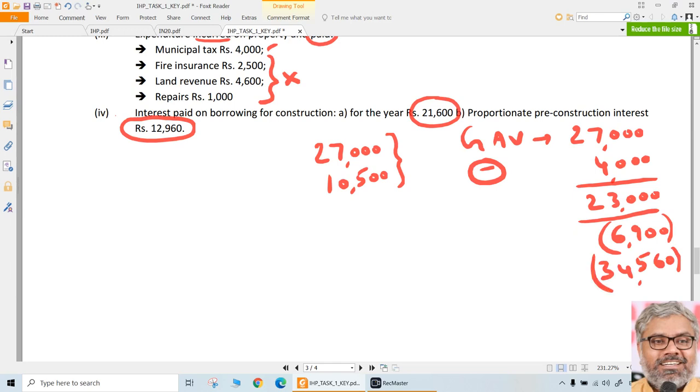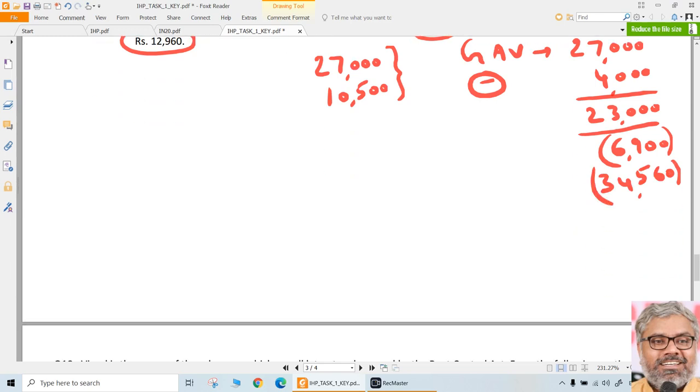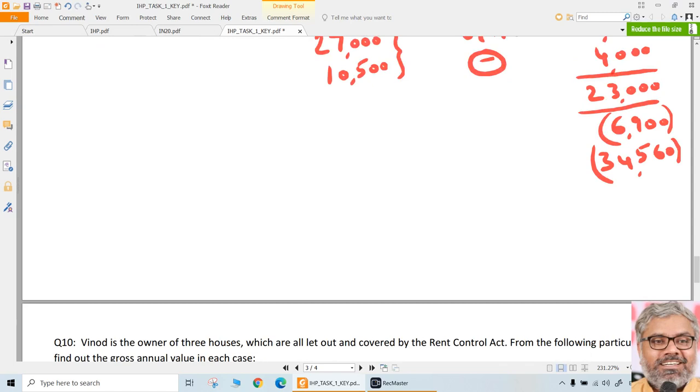No problem. Income from house property can be negative. It is negative in this case. Let it be negative. How much is the income from house property in this case? 18,460.